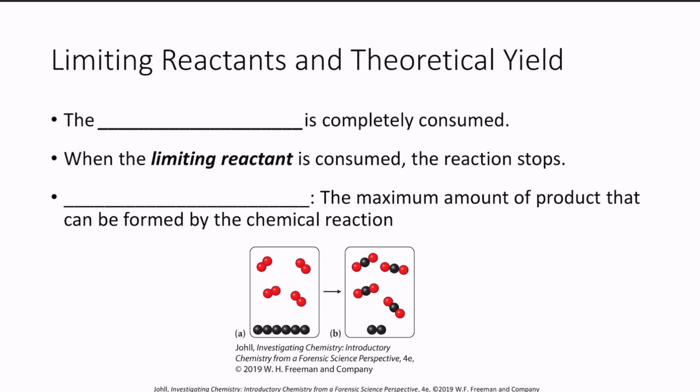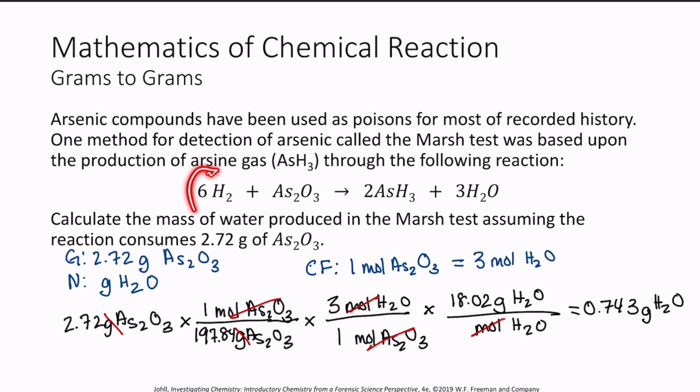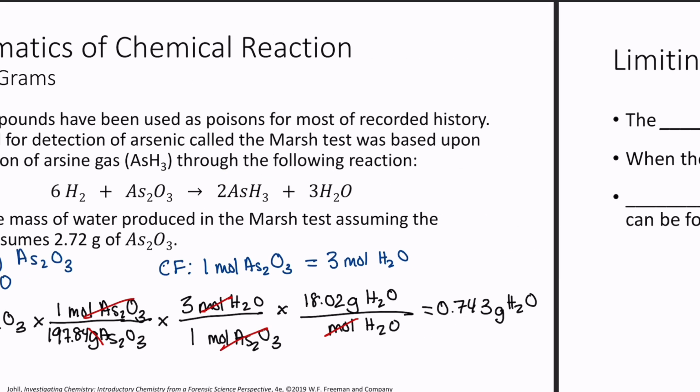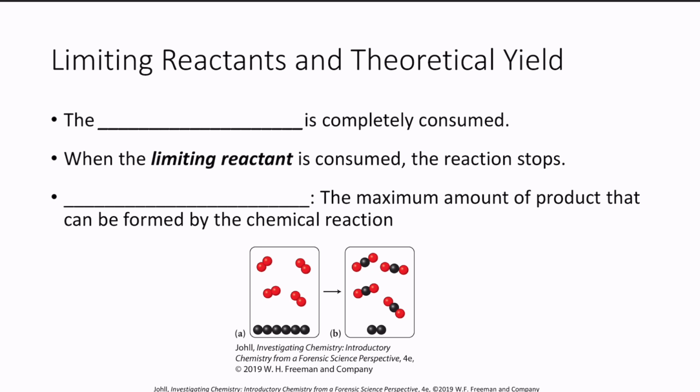Now, in the previous problem, we looked at only one reactant. We didn't look at how much hydrogen we had, but you have to have both of these in order for a reaction to take place. So the limiting reactant in a chemical reaction is the reactant that is completely consumed.